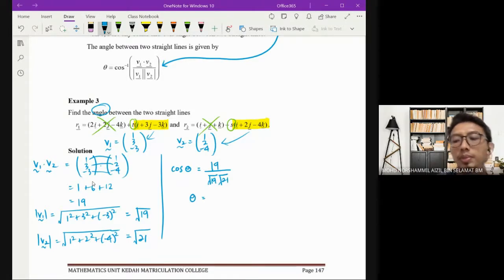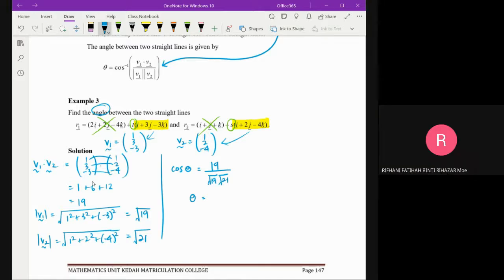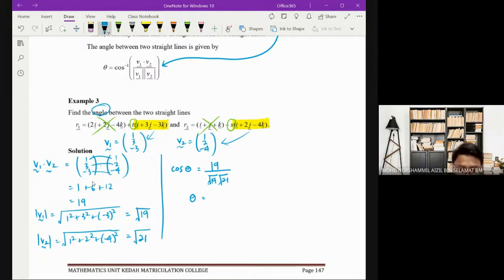What do you get for your theta? 17.98, sir.